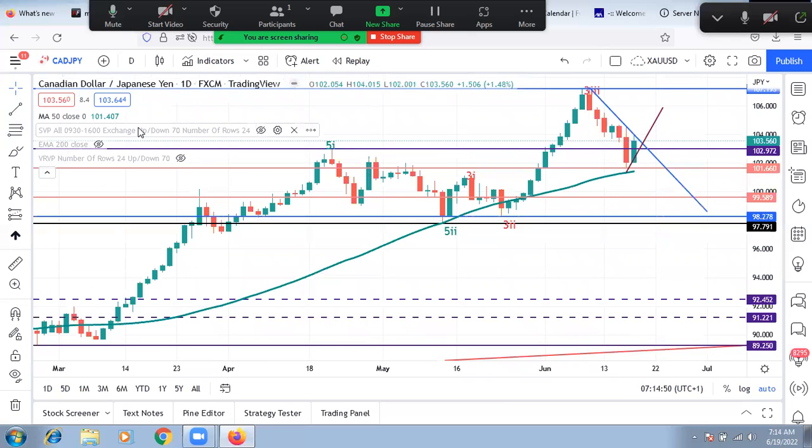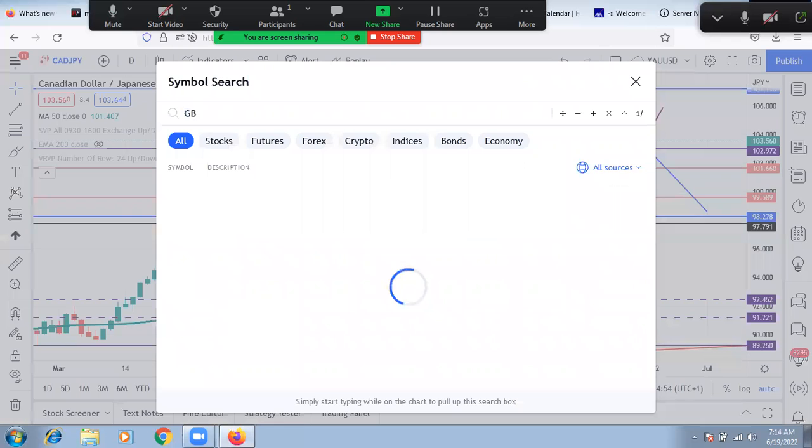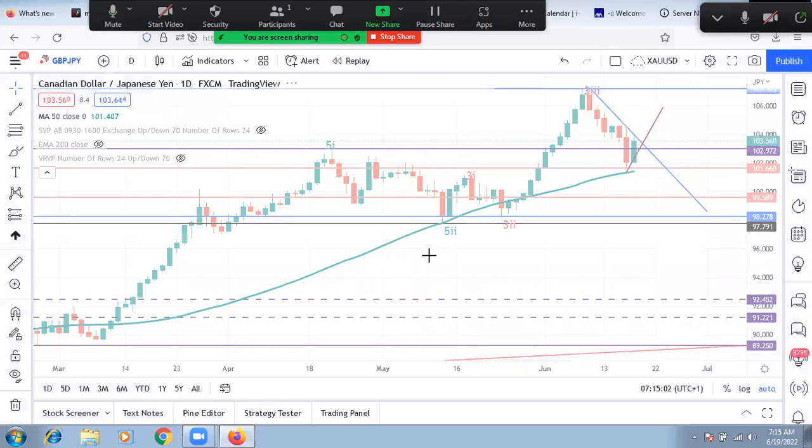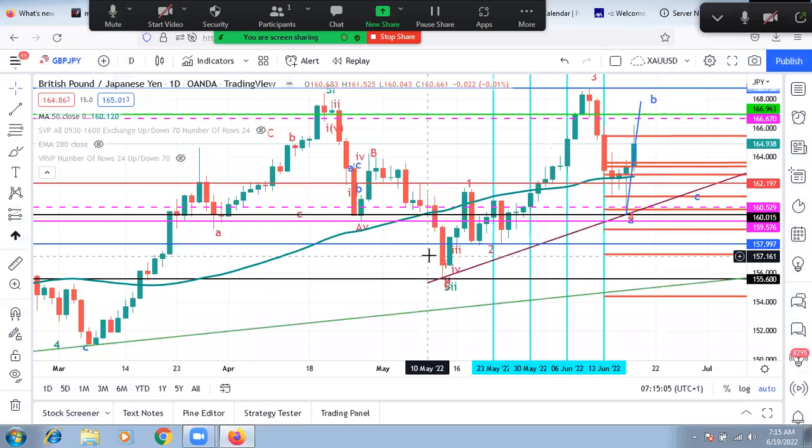The same thing might go for pound yen. For pound yen, I'll be ending soon. I've done about 1 hour already. I'll be ending soon. For pound yen, let's see.